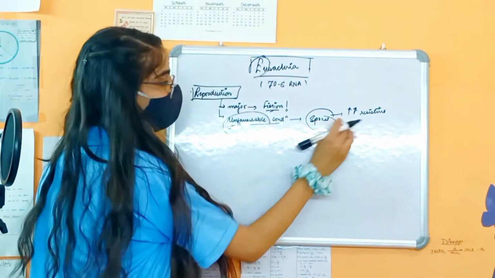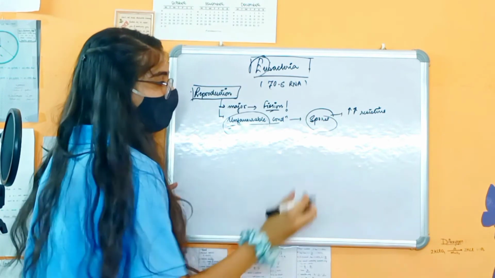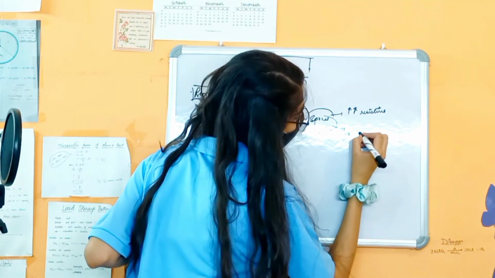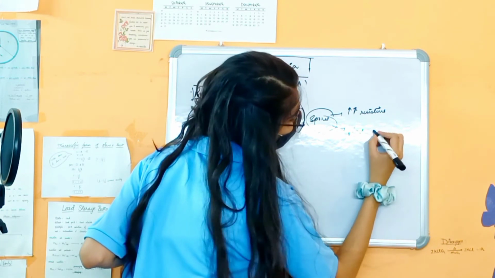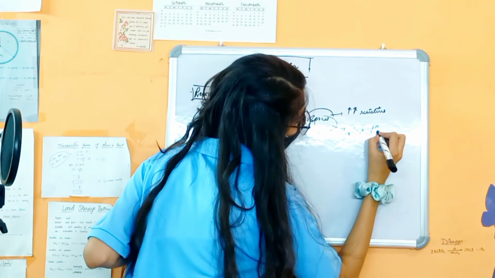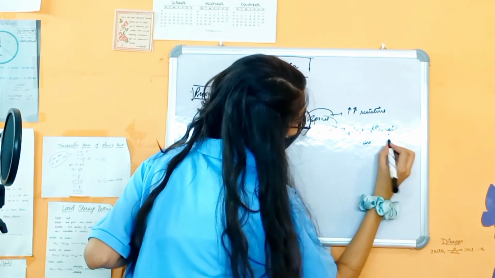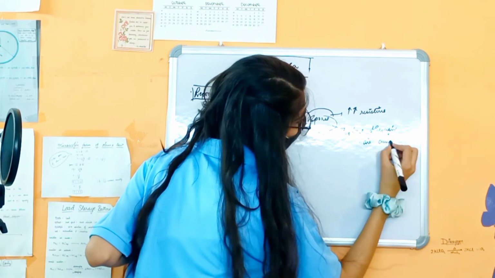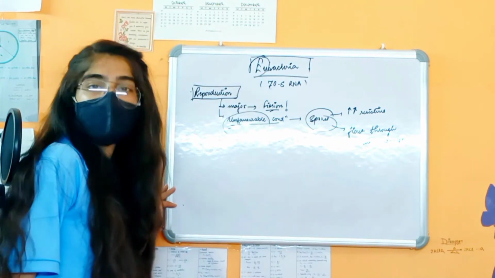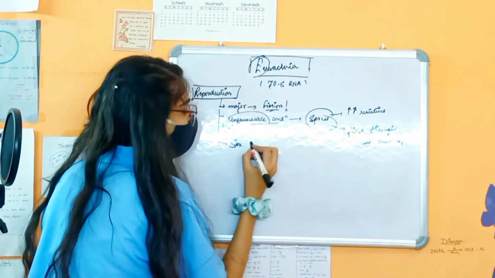So in unfavorable conditions, they reproduce by spores. These spores flow through air currents, and this causes reproduction.